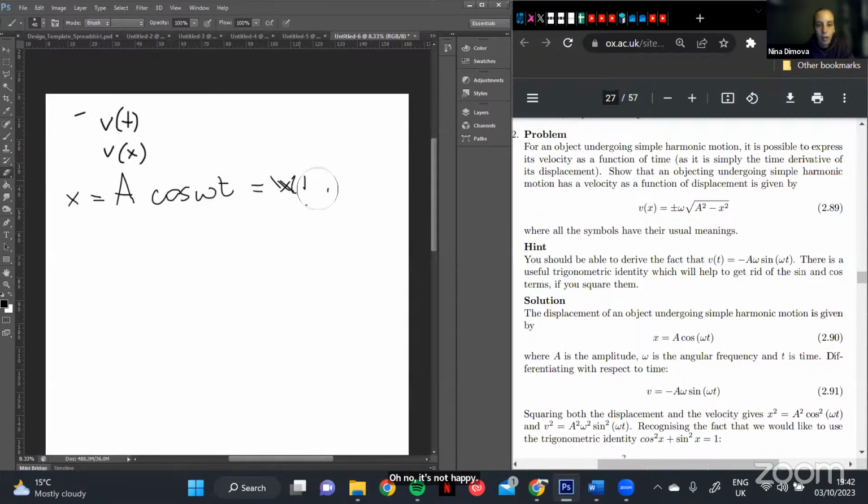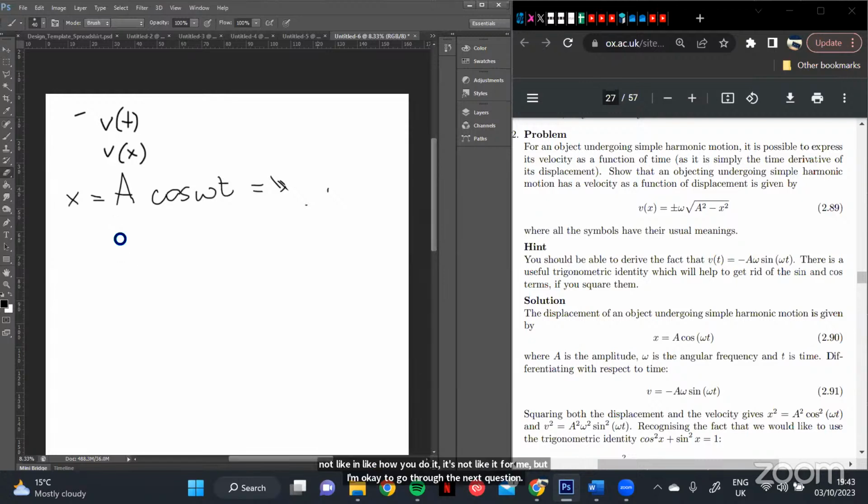Okay, give me one second. If I don't fix it, I'm gonna switch to Aggie, and then I'm gonna figure it out. It's not liking how you do it. It's not liking it for me, but I'm okay to go through the next question if you want me to. One second, just figuring out what's happening.